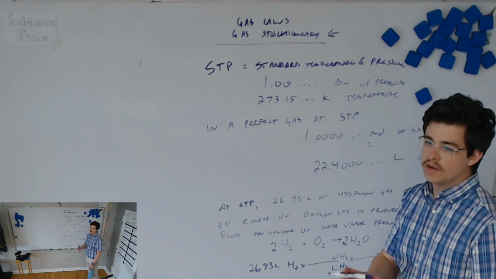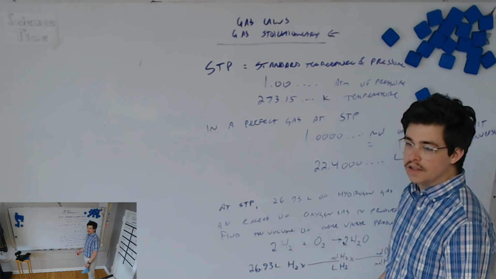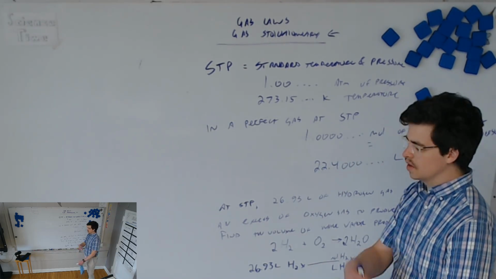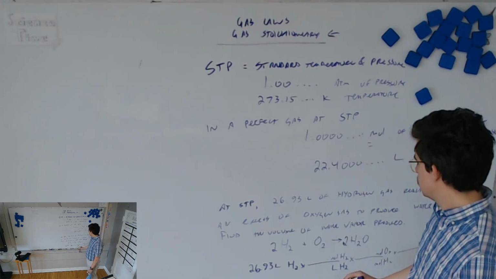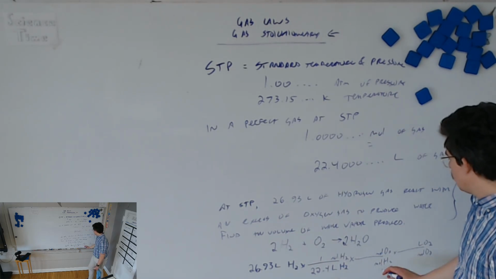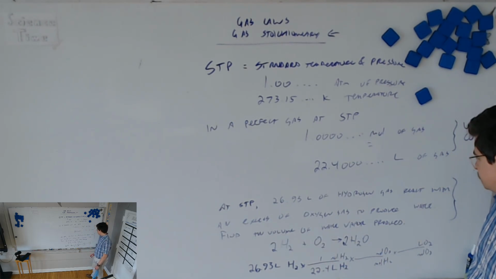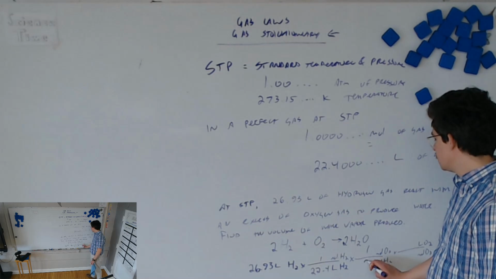Now here you're gonna find something super lovely about this. How many liters in a mole at STP? 22.4 liters is 1 mole. What's our mole ratio? It's 1 to 2.